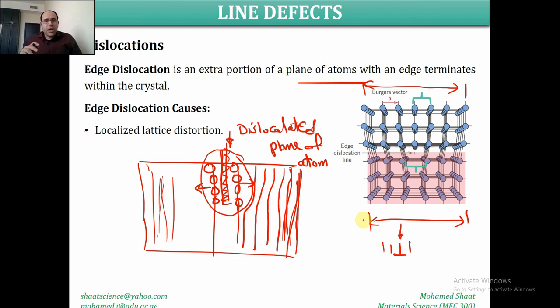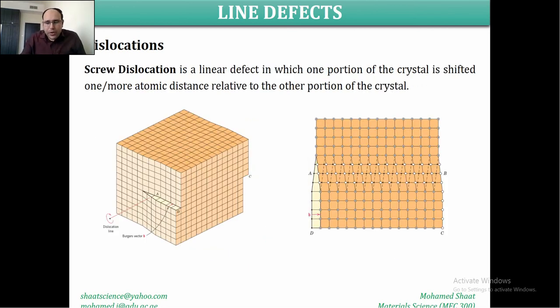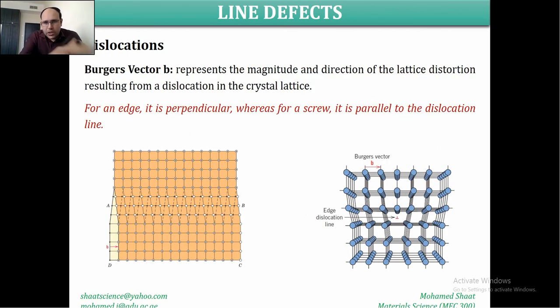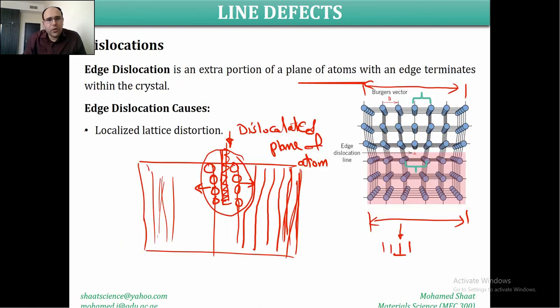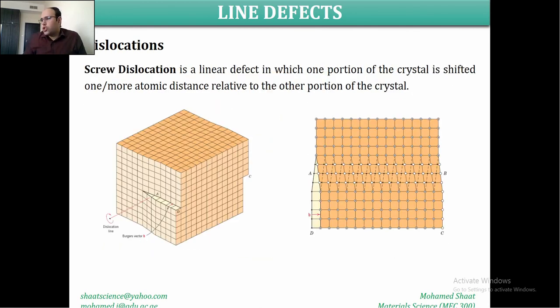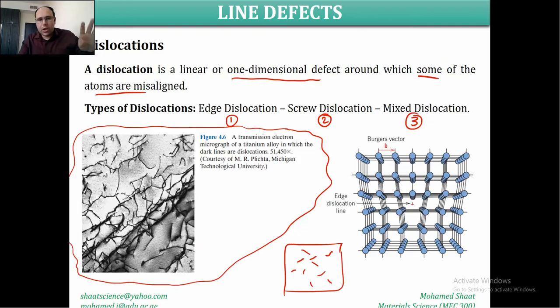Make sense? Also, there is something you should understand about the Burgers vector, but I'm going to discuss that later. Let us move to the screw dislocation. We said that dislocations are of three types: edge dislocation, screw dislocation, and mixed dislocation.